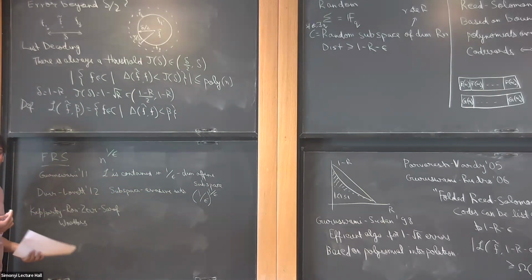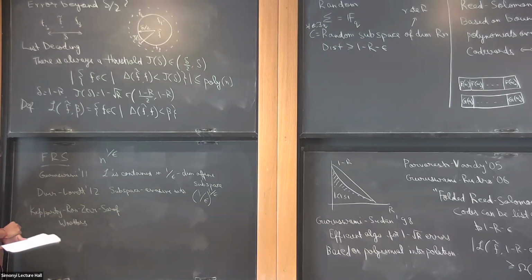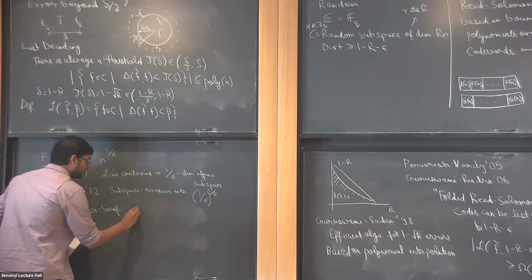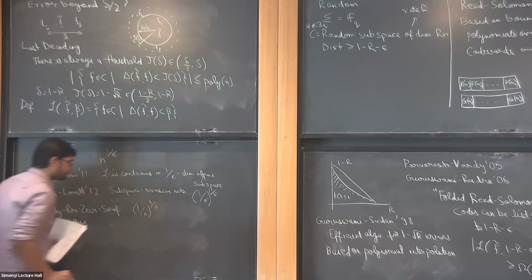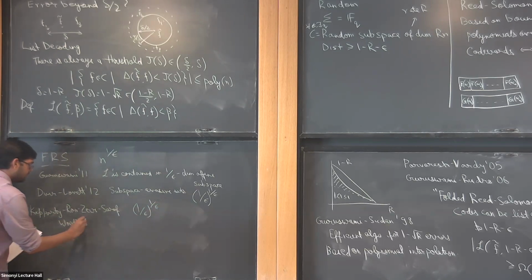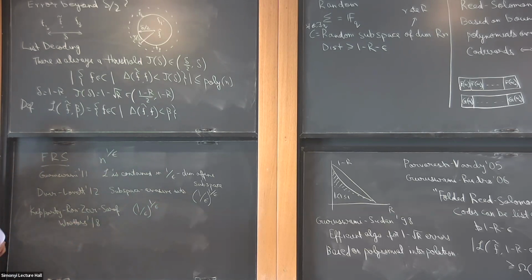Hamming balls and affine subspaces don't go well together directly. At the end of the day, this list is coming from a Hamming ball. So a Hamming ball and an affine subspace is not going to intersect a lot. We don't have to take the worst case form. And they were able to get, again, a list size which was close to 1 over epsilon to the 1 over epsilon.